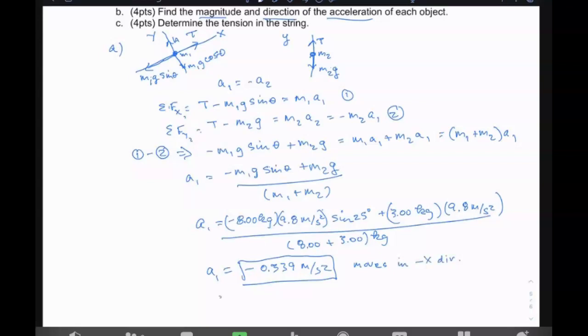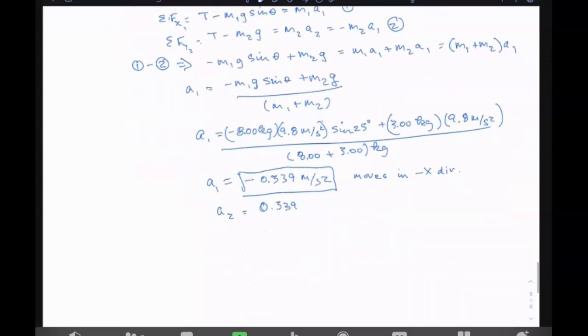And a2 is equal to plus that. So it moves in the plus y direction. So that's the magnitude and direction of each acceleration. So that's part B.